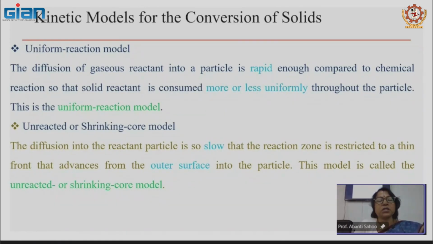In the shrinking core model the size gradually reduces. In the uniform reaction model it is mainly controlled by the diffusion process, and in the shrinking core model the diffusion is slow and the reaction is mainly controlled by the rate of the reaction.